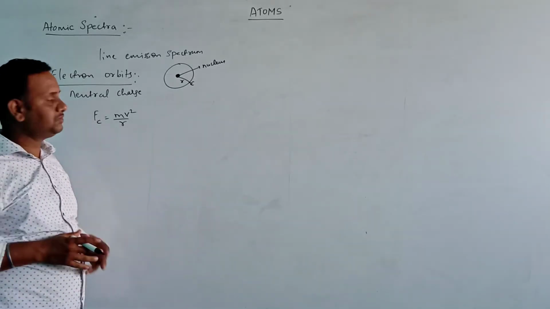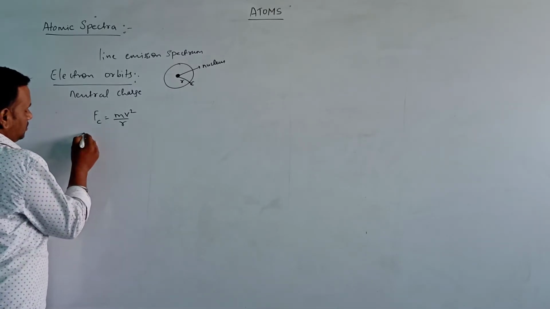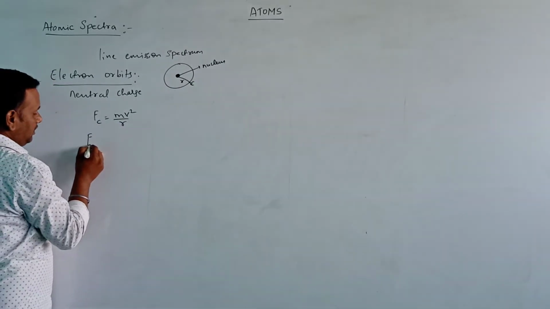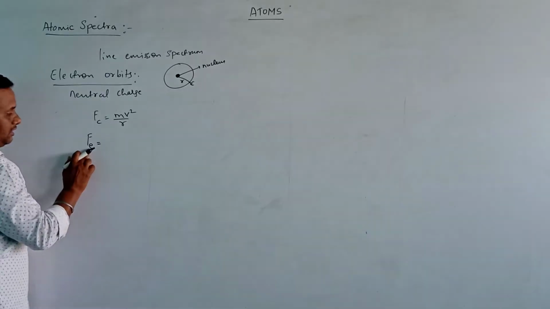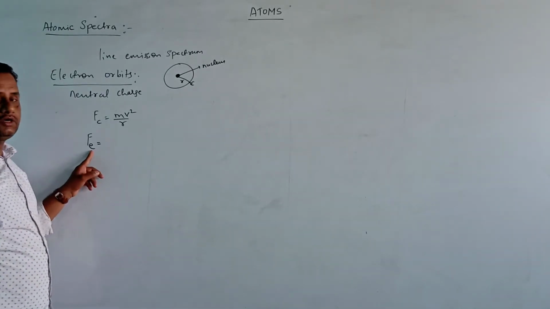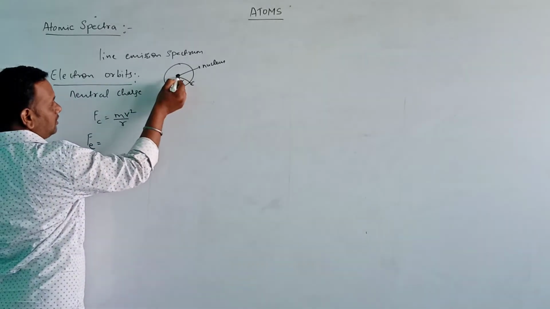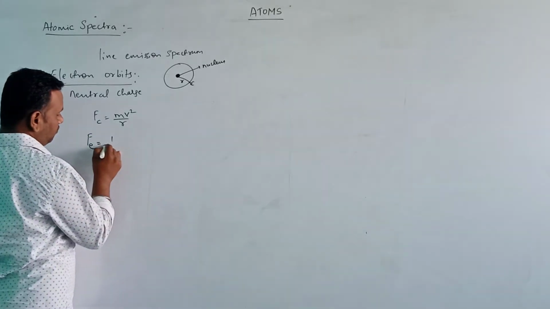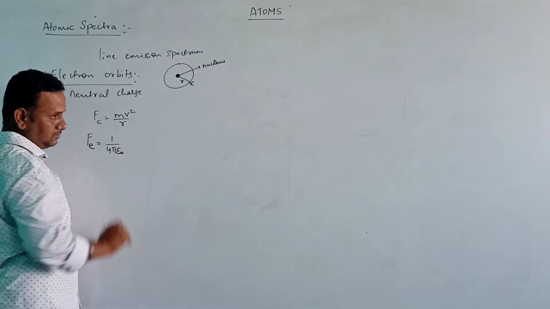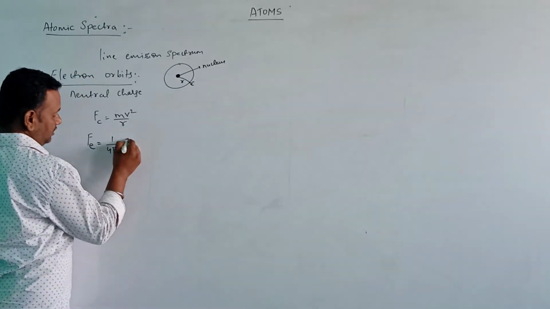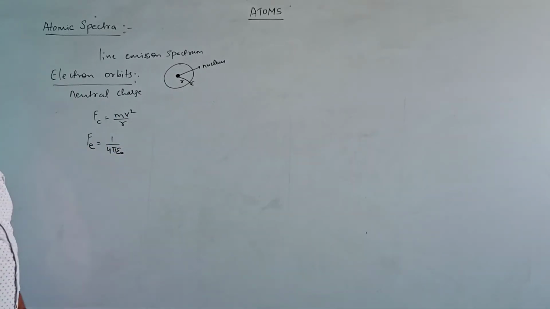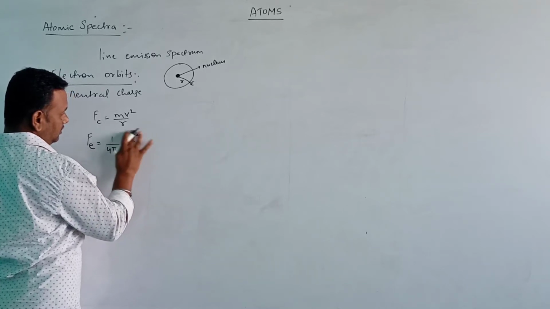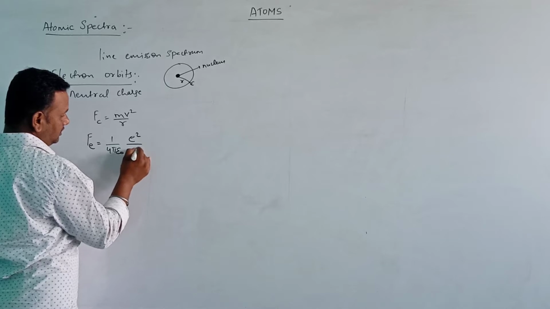Also, the electrostatic force between the electron and the nucleus is given by Fe equals 1 by 4 pi epsilon naught times the product of the two charges, that is e square, divided by r square.